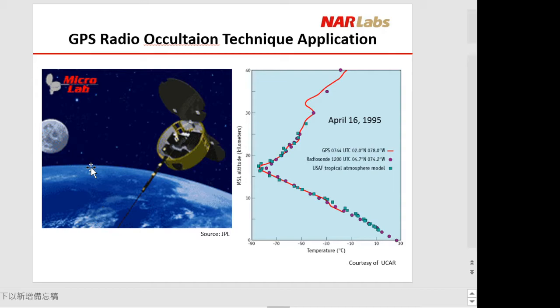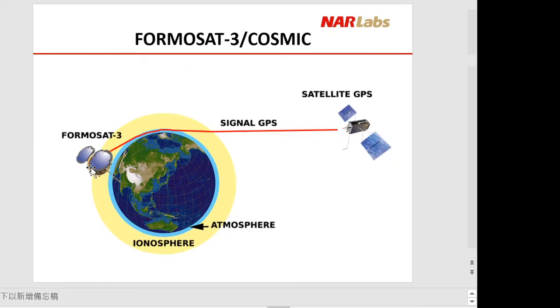The measurement is quite consistent with the measurement of radiosonde. So this is quite encouraging. Therefore, UCAR sought cooperation with NSPO for Formosat-3, which in the United States is called COSMIC.